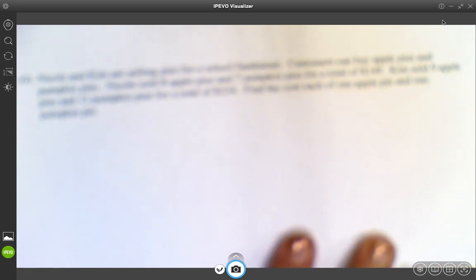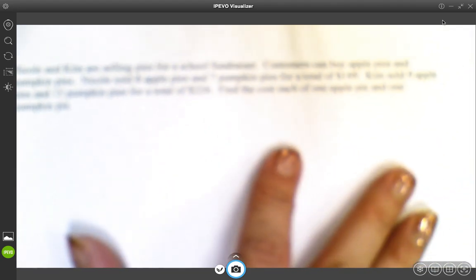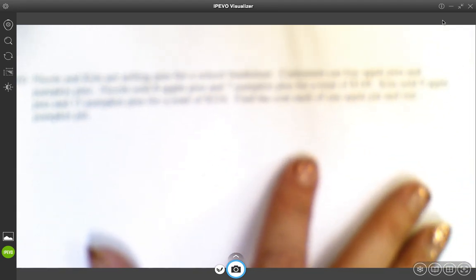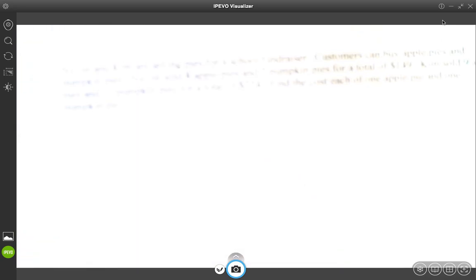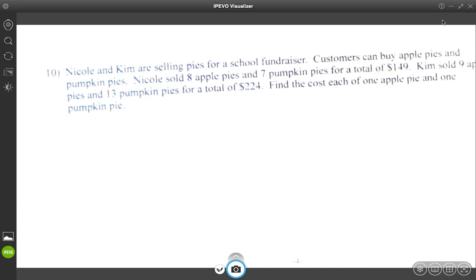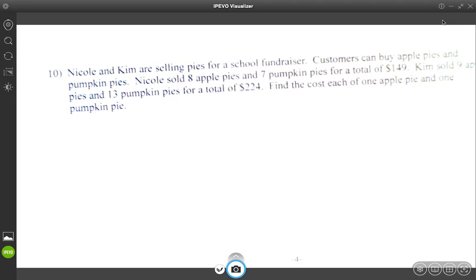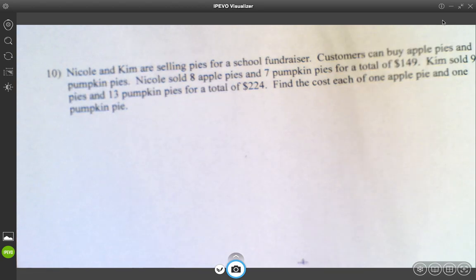I just want to know why this is not working, like everybody else that uses these say they have no problems with it focusing. Virtual kids, I'm sorry. This is the first time I've done this with these types of problems. All right, here we go. This is as close as it's going to get. I'm terrified if I move it, we're not going to be able to see it anymore.